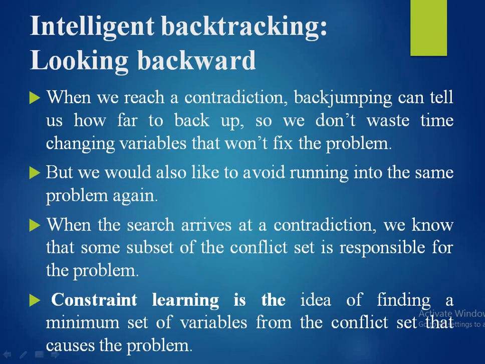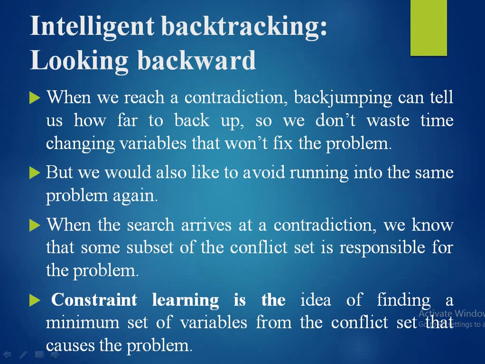When we reach a contradiction, backjumping can tell us how far to back up, so we don't waste time changing variables that won't fix the problem.